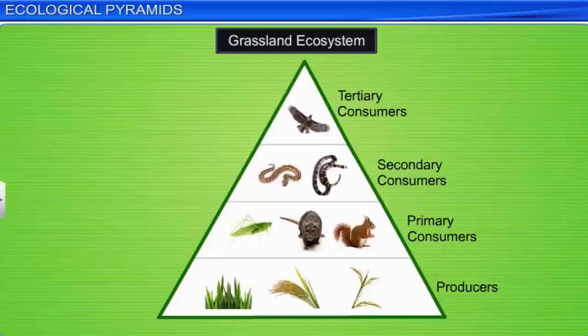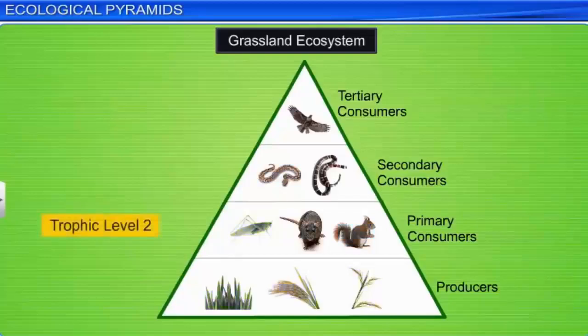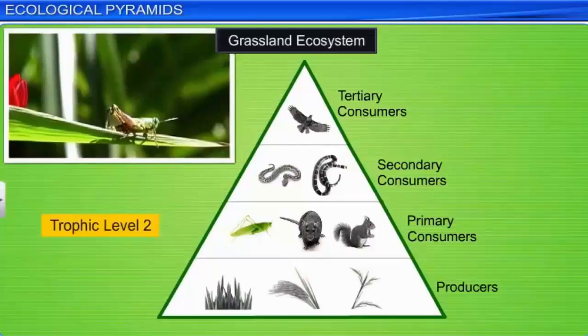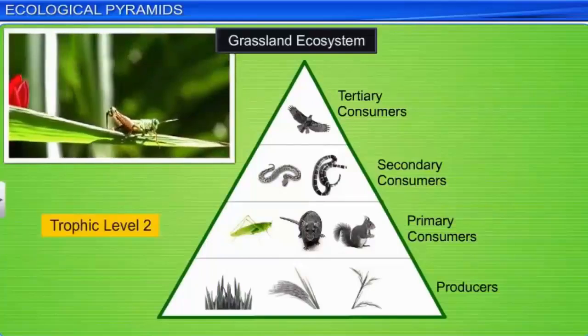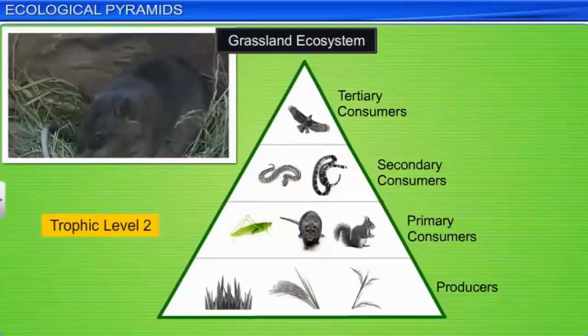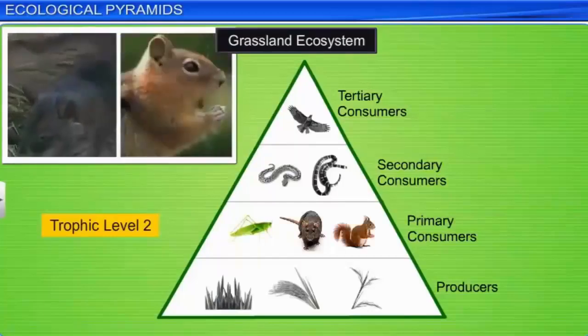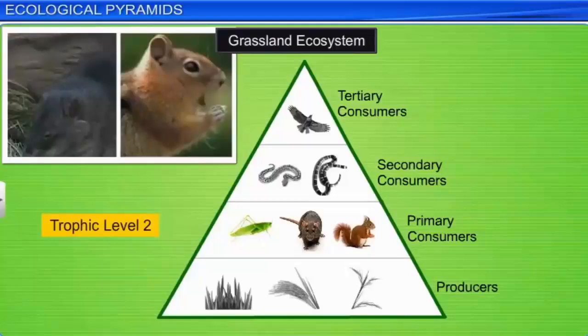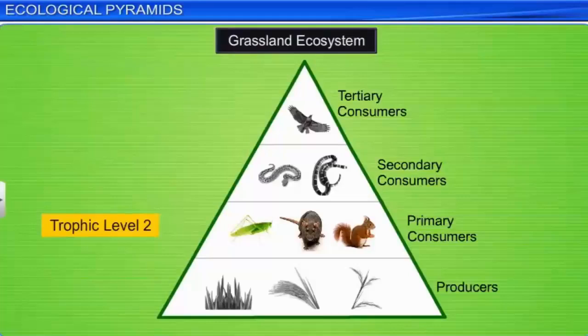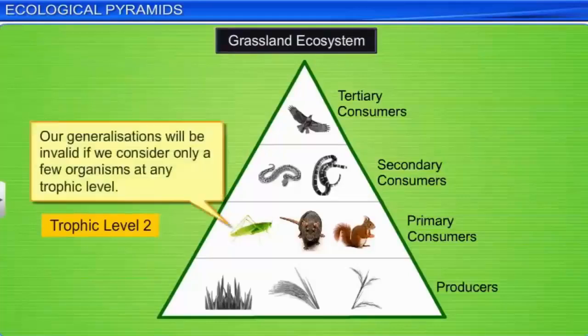For example, we need to consider all the organisms in trophic level 2, namely the grasshopper, mouse, and squirrel, for any calculations on number, biomass, or energy. This is because our generalizations will be invalid if we consider only a few organisms at any trophic level.